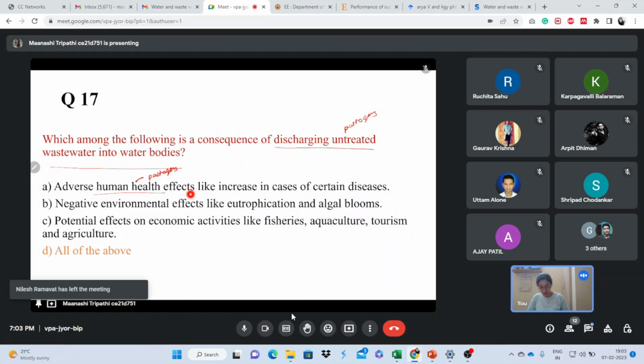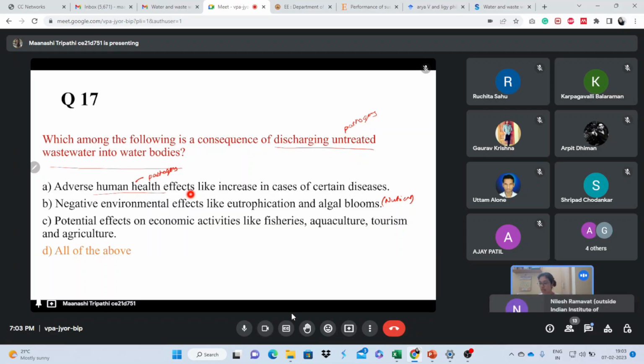Second, it may contain nutrients like nitrate and phosphate, so it may increase the nutrient level of the water body. If we are discharging such water into lakes, it will increase the nutrient level of the water body. When the nutrient level increases, we see algal blooms.